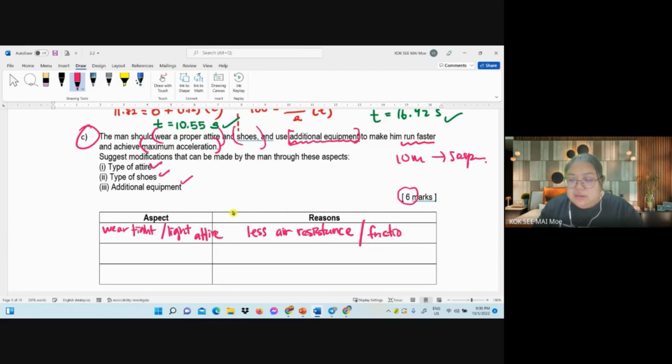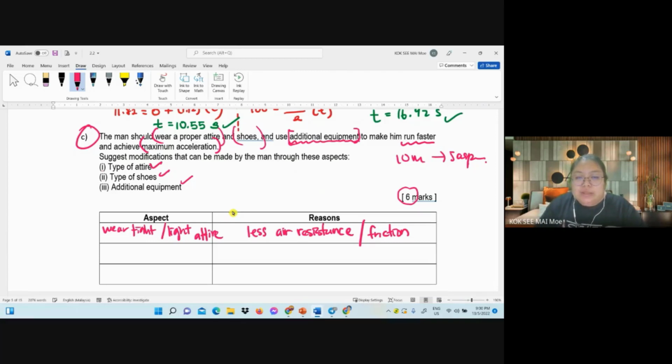Okay, friction. Prevent the friction, reduce the friction. This one is normally a pair. When you're talking about air resistance, normally we say about the type. The thing is smaller. Don't let the air come to prevent you from moving slowly. So that's to reduce the air resistance.